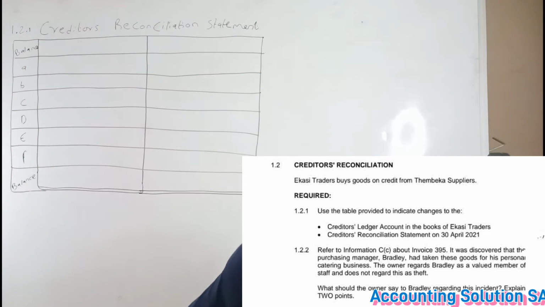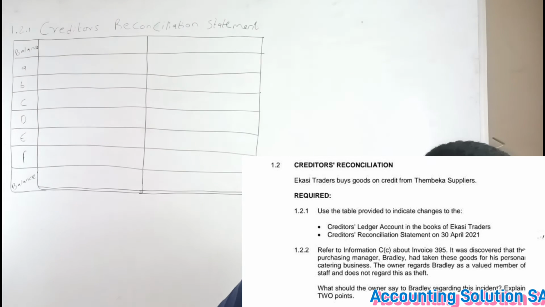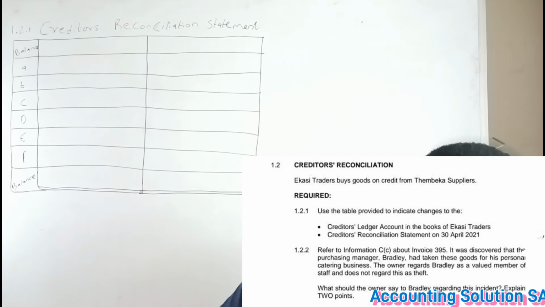Then we have 1.2.2: refer to information C about the invoice of 395. It was discovered that the purchasing manager, Bradley, had taken these goods for his personal catering business. Bradley took inventory for his personal catering business.